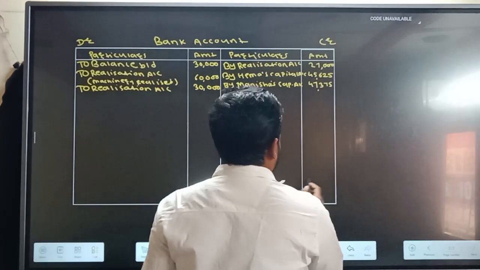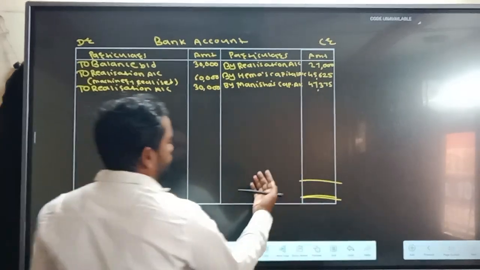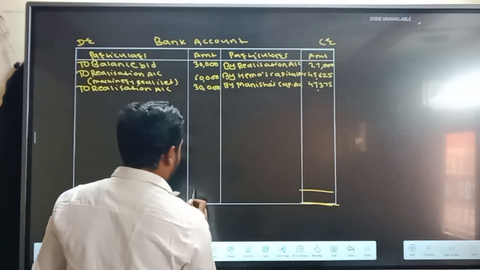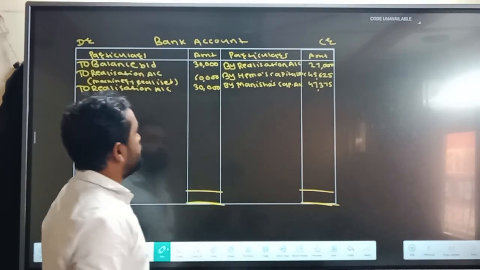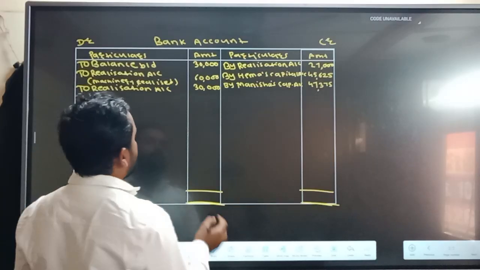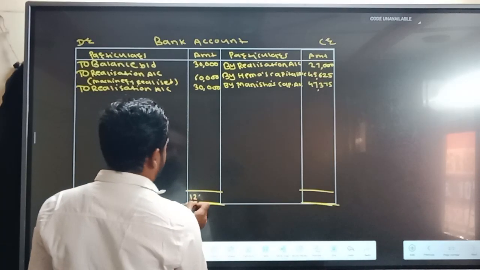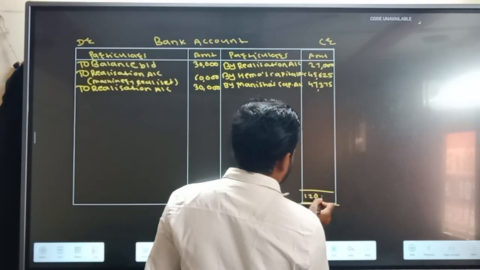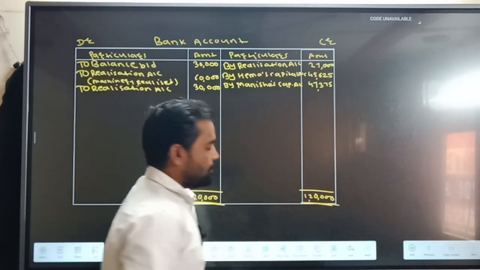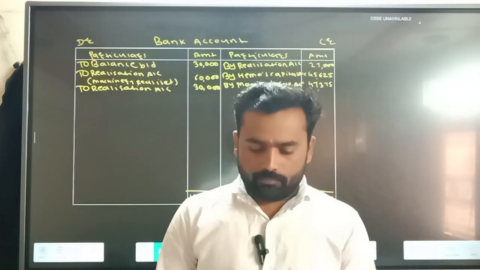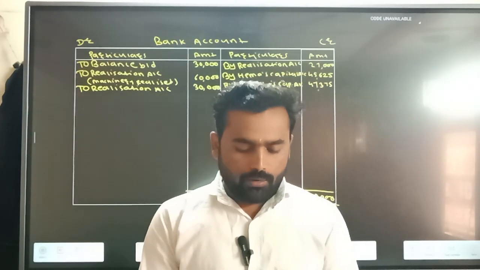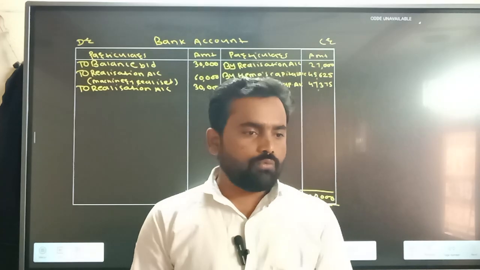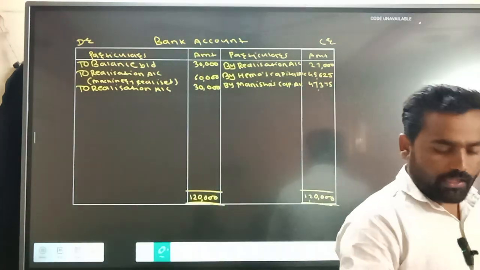Okay, so tally it. If the cash account tallies, then your whole problem is correct. 1,20,000 is the debit side and 1,20,000 is the credit side. So the whole problem is tallied. I hope this problem is understood by you. Yes, thank you so much.